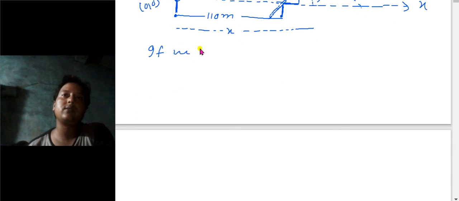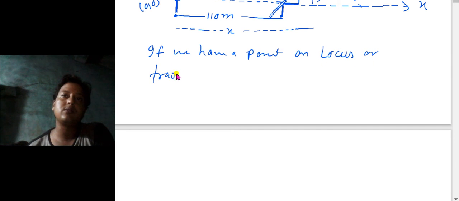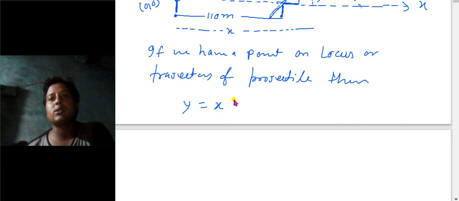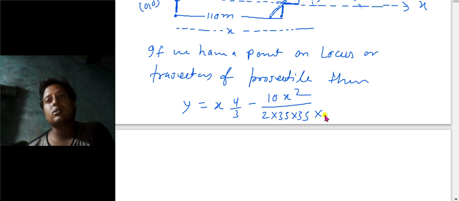If we have a point on locus or trajectory of projectile, then y equals x tan theta minus g x square over 2 u square cos square theta, with theta 53, tan 53 is 4 by 3, cos 53 is 3 by 5.